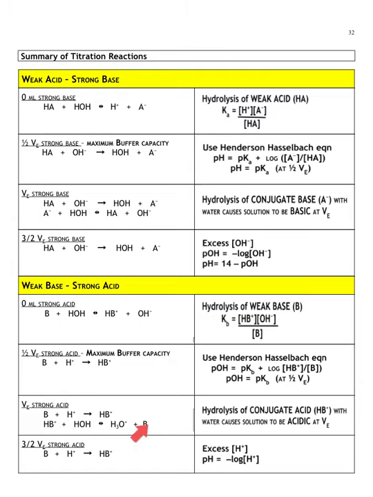You'll notice that the pH ends up being more acidic because of this H plus ion that's formed when the conjugate acid hydrolyzes in water. You produce hydrogen ions, which then produces this acidic solution at the equivalence point.